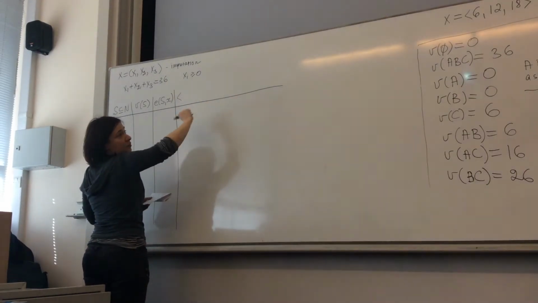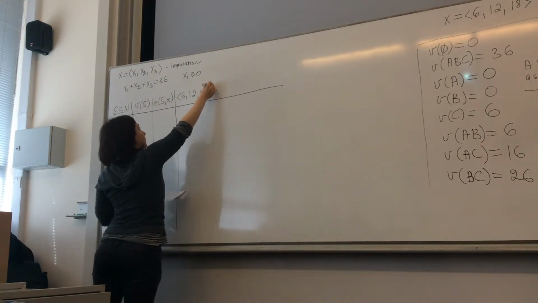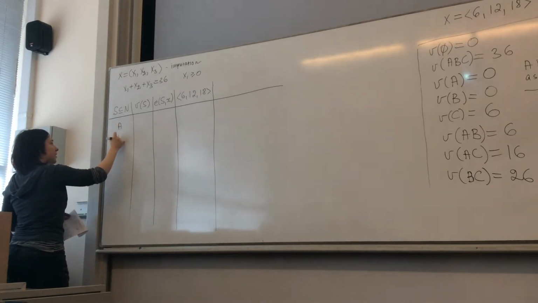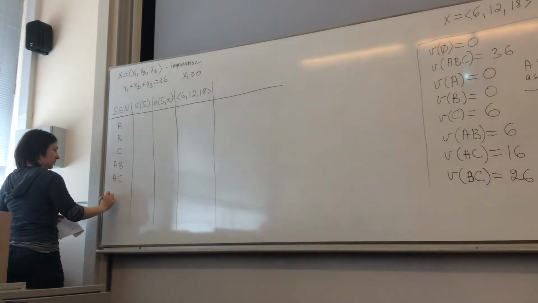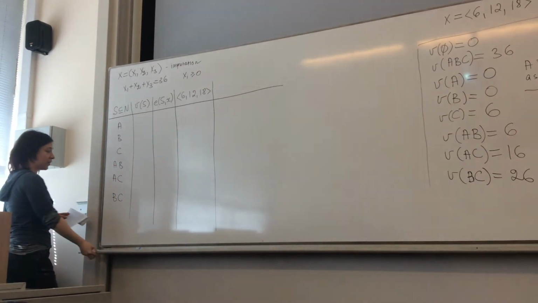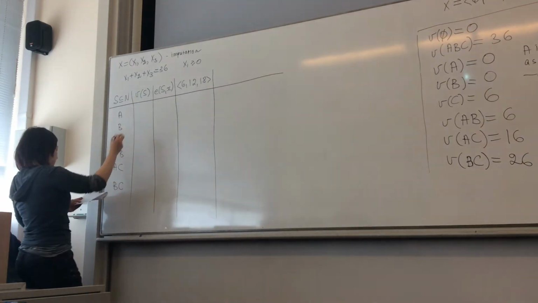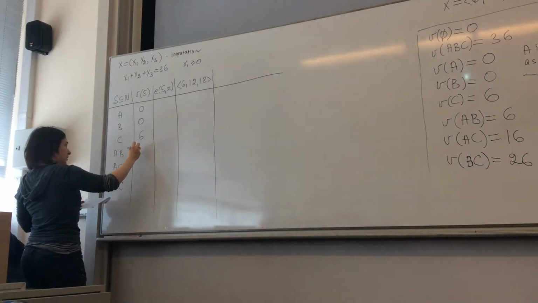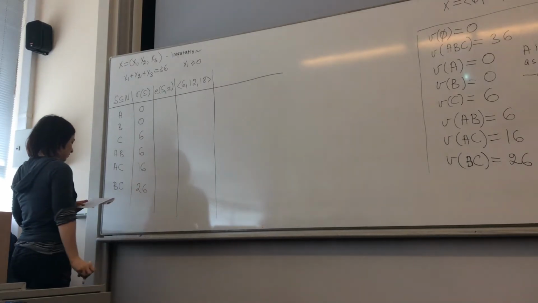Let's start with the proportional one, 6, 12, 18. So we have coalitions A, B, C, AB, AC, BC. Again, I'm ignoring the empty coalition and the grand coalition because their excesses are 0. I know that. Right, and here we have 0, 0, 6, 6, 16, 26.